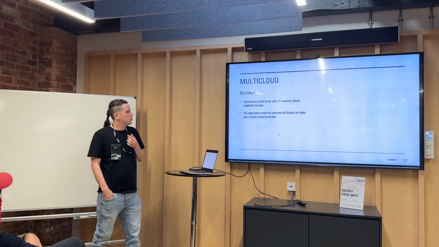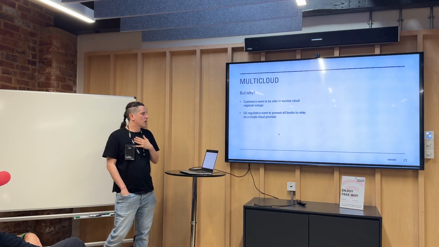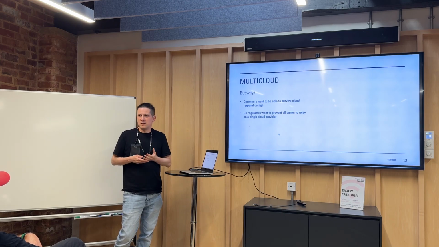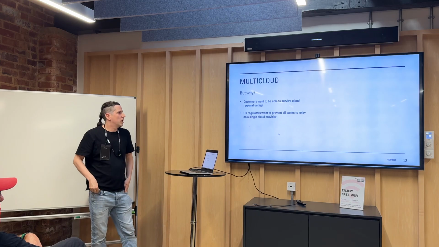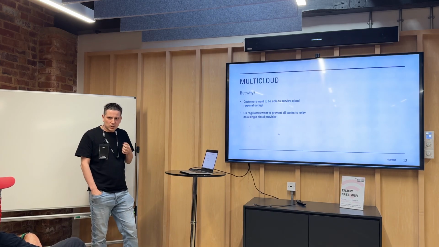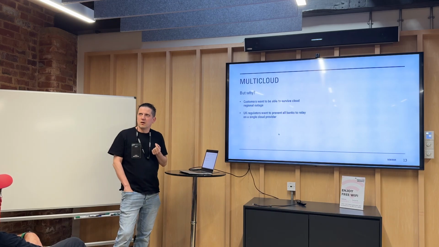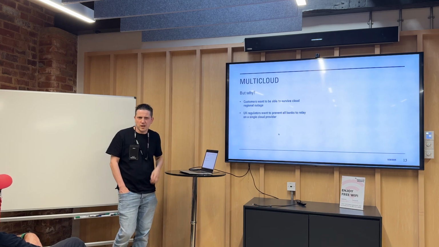So why would you want multi-cloud, right? In this business, you have to have some kind of multi-regional redundancy. So customers wanted to survive a cloud regional outage. These are rare, but they do happen. I think there was a big US East 1 outage last year that took AWS US East 1 down for almost a day.